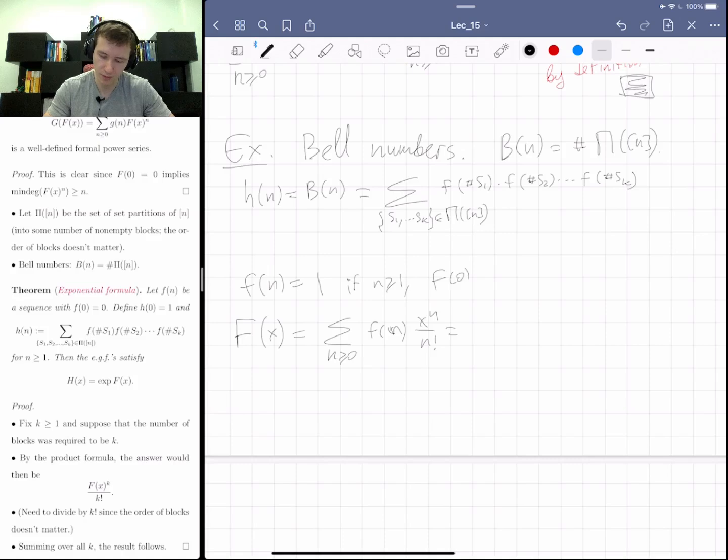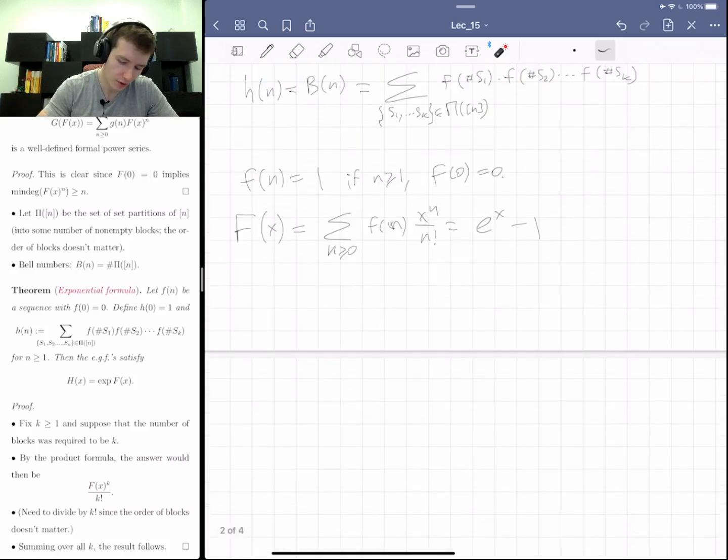Yeah, let's be careful here. So indeed, the exponential generating function here is going to be e to the x minus 1. You just get all the terms in the exponential without the n equals 0 term.